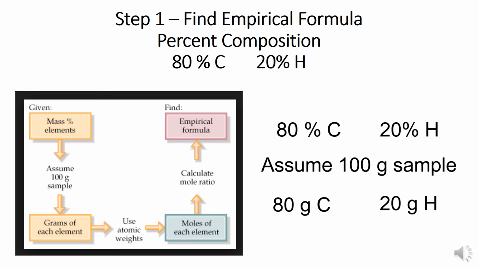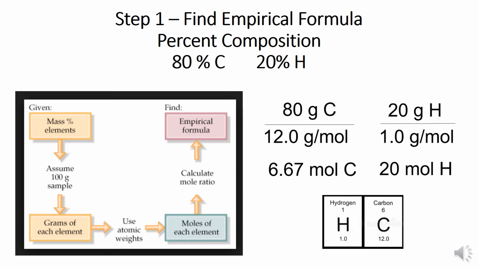Now what we want to do is take units of grams and change them to moles. So we're going to need our periodic table for that. We're going to have to look up the atomic mass of carbon and the atomic mass of hydrogen so that we can change grams to moles.